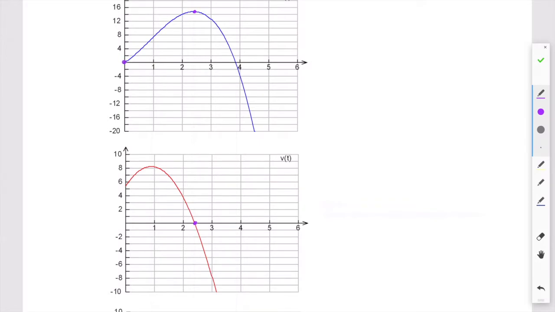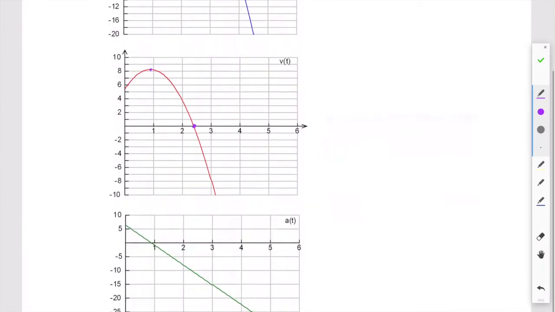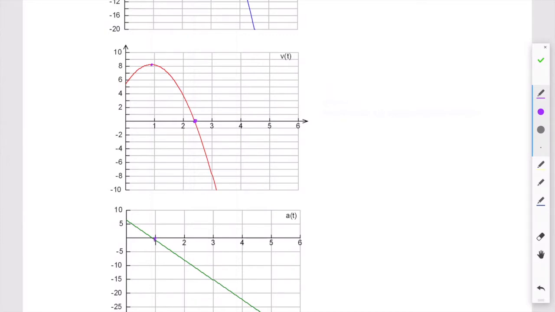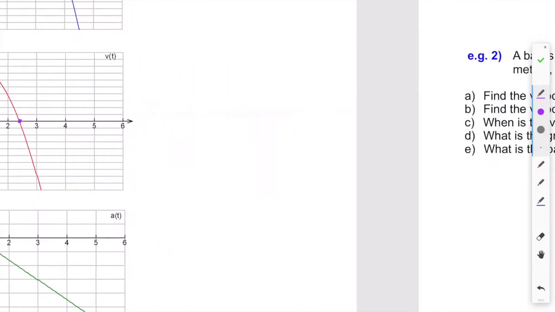Do you see any meaning for the zeros in position versus velocity? Maybe there's a relation, maybe there's none. What about the maximum that we see at v of t? How does that relate to a of t, and so on and so forth.